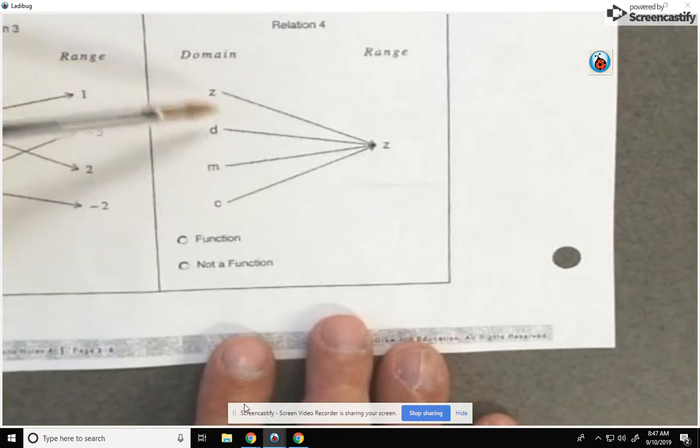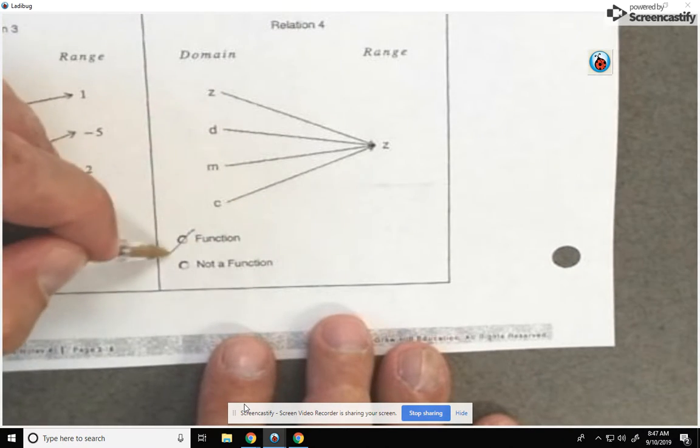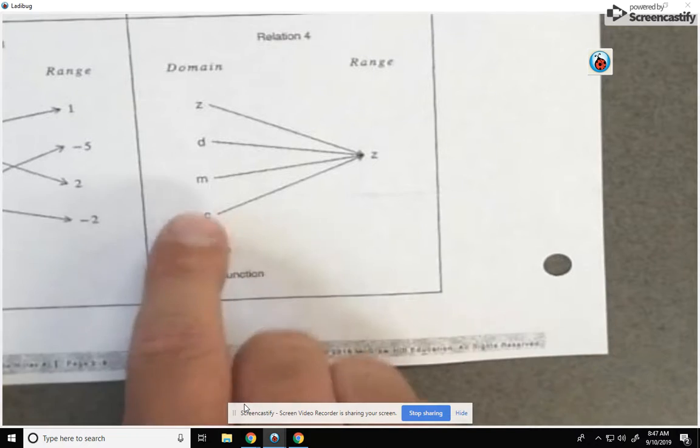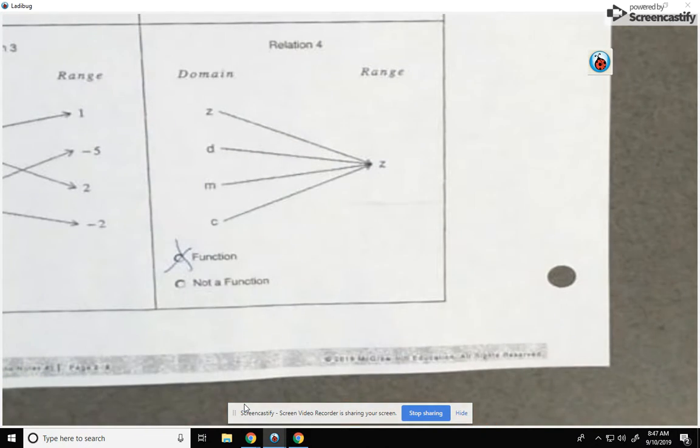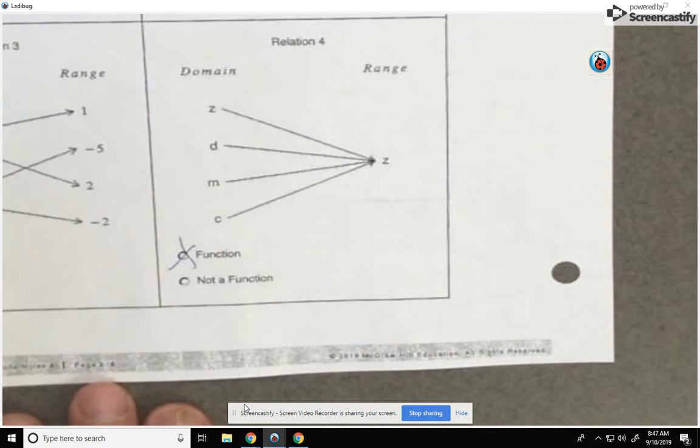If each one of your domains only has one arrow coming off of it, then it is a function. Right? And as you can see, it doesn't matter where they're going, if they're all going to the same one or whatever, as long as each domain only is going one place or has one arrow going off of it, you know it is a function.